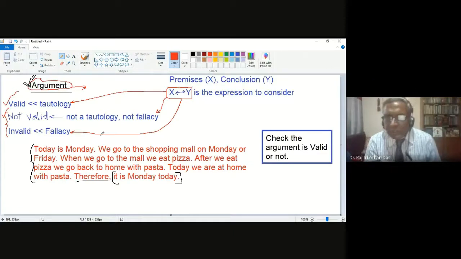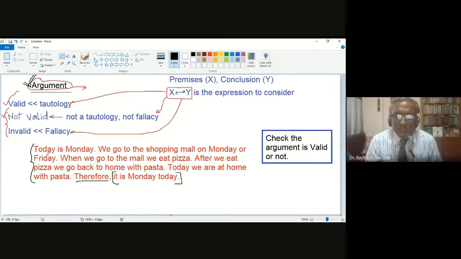Now you can think what will be the x and y for this example. There is an example, so what will be my x and y in this? In this, the premises part has some sentences.